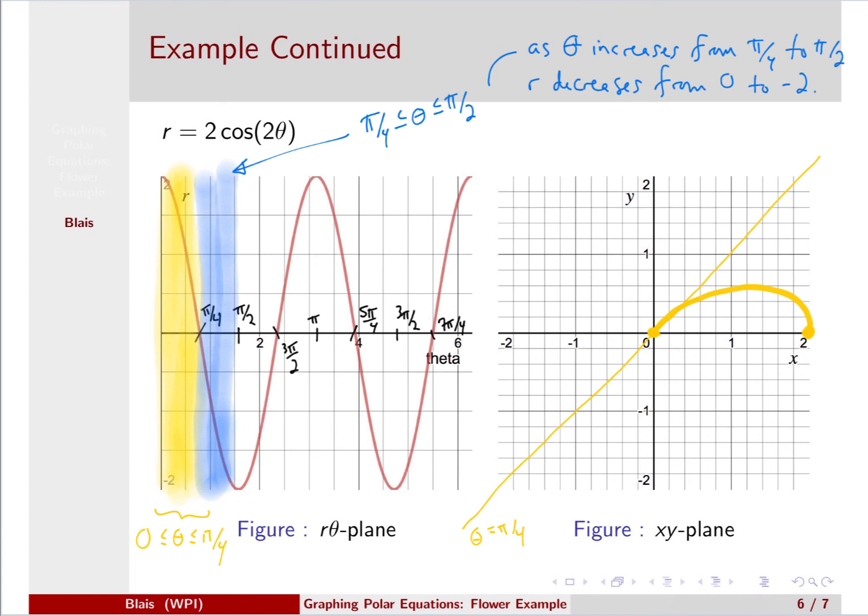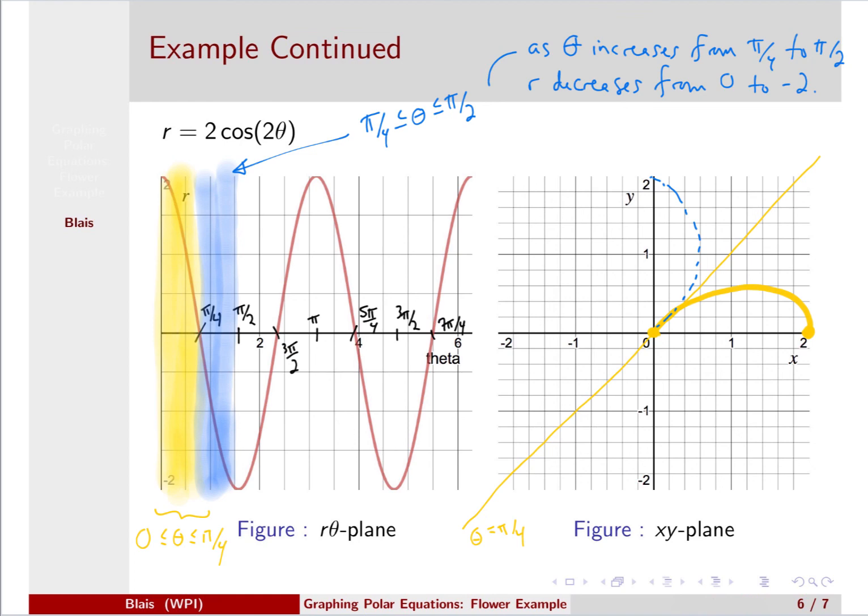And so we have to think a little bit differently because we're dealing with a negative range for r. But as we sweep this out, let's think about if it was positive. Suppose instead of decreasing from 0 to negative 2, r was increasing from 0 to 2. So as we sweep this out, r would increase from 0 up to 2.